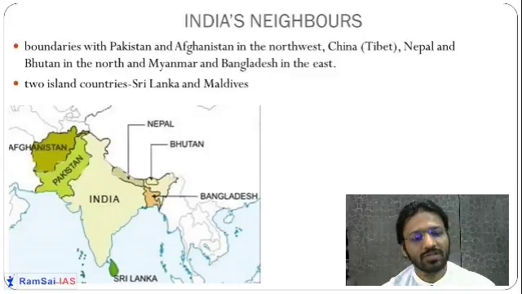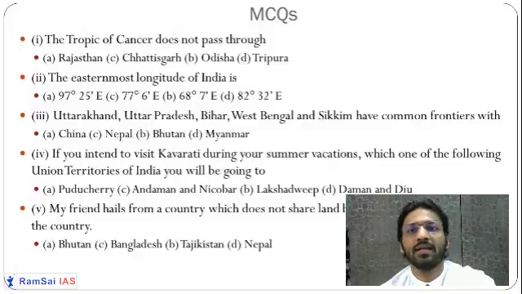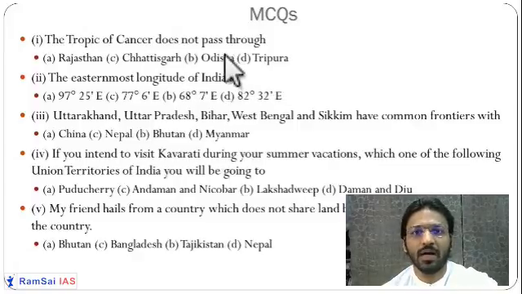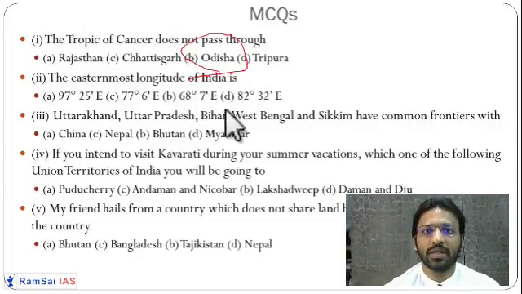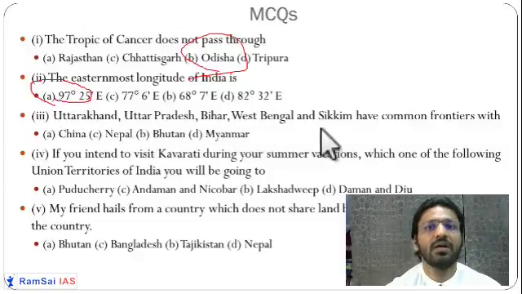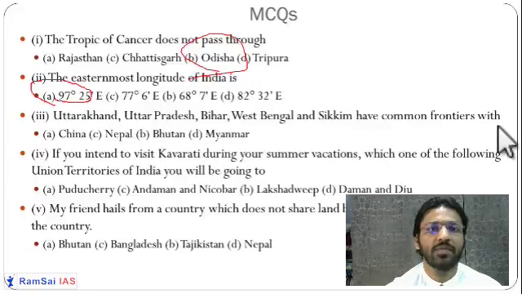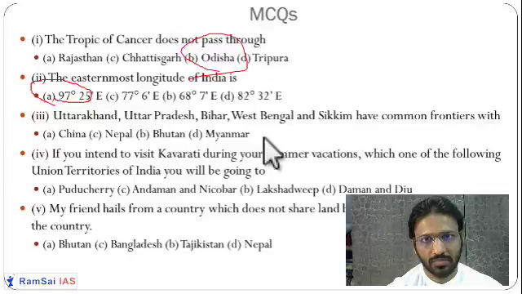Based on this chapter, let us understand some MCQs. The Tropic of Cancer does not pass through which state: Rajasthan, Chhattisgarh, Odisha, Tripura? It does not pass through Odisha. The easternmost longitude of India is 97 degrees. Uttarakhand, UP, Bihar, West Bengal and Sikkim have a common frontier with whom: China, Nepal, Bhutan, Myanmar?